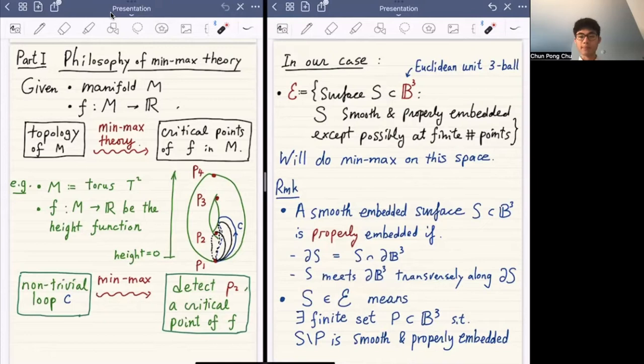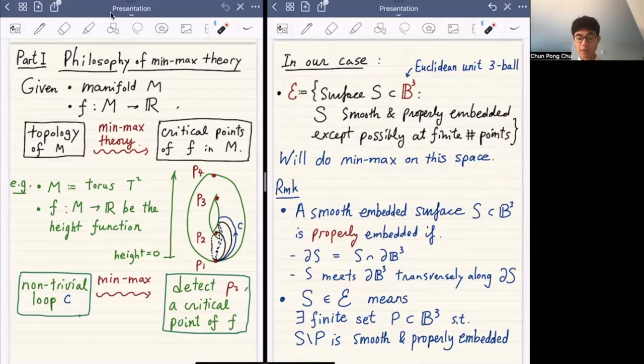Then in this space, we consider surfaces that are smooth and properly embedded, except at finitely many points, right? That means there will be a finite set P such that the complement S take away P is smooth and properly embedded. So these are the surfaces that we consider.